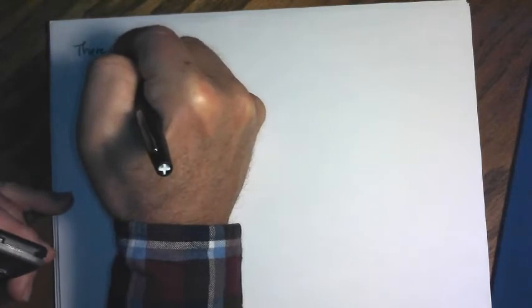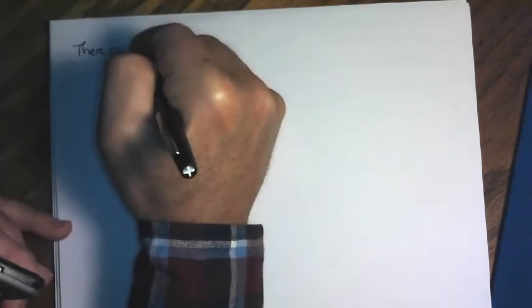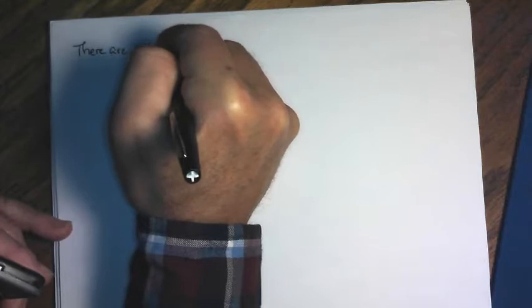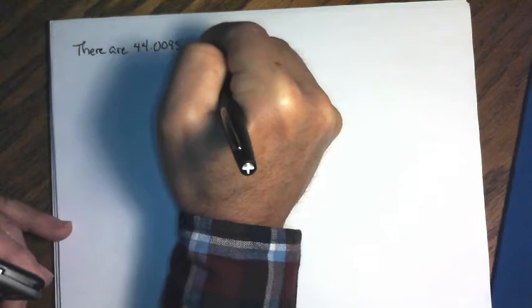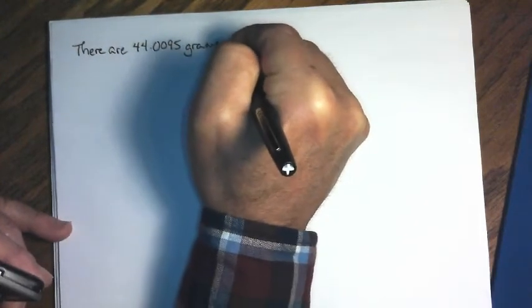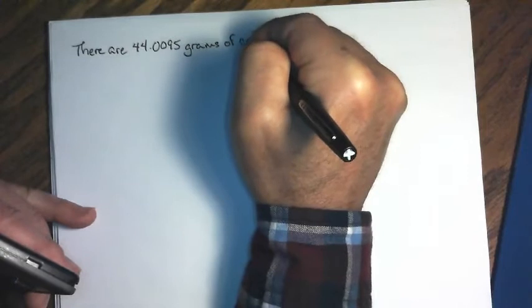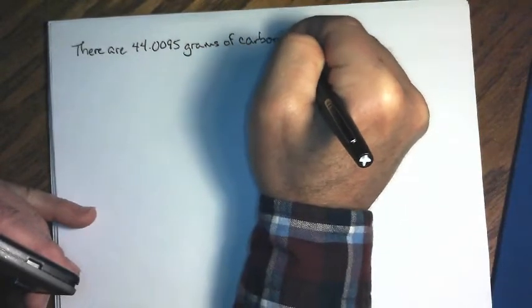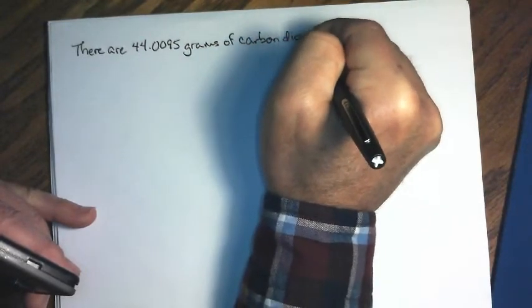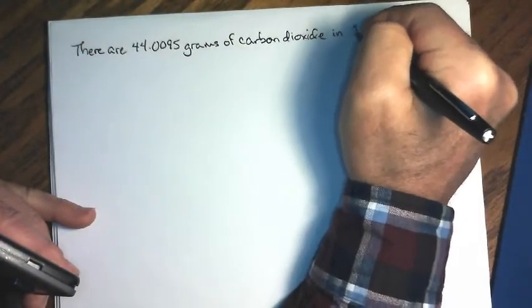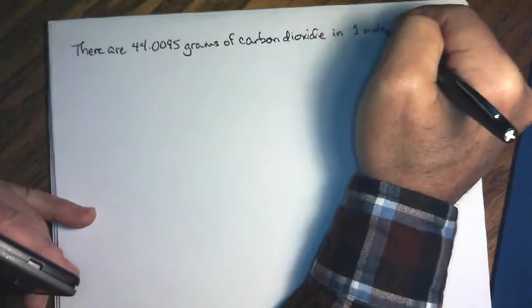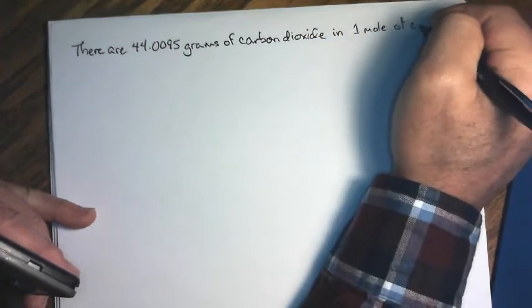So there are, you want to write all this down, 44.0095 grams of carbon dioxide in 1 mole of carbon dioxide.